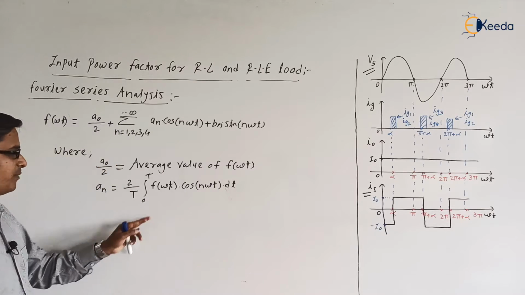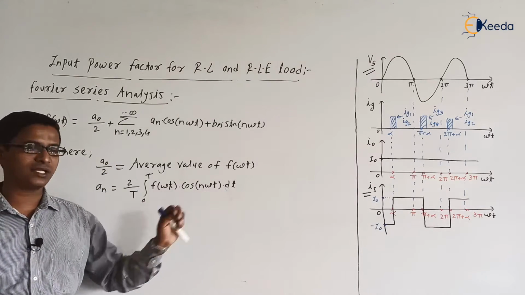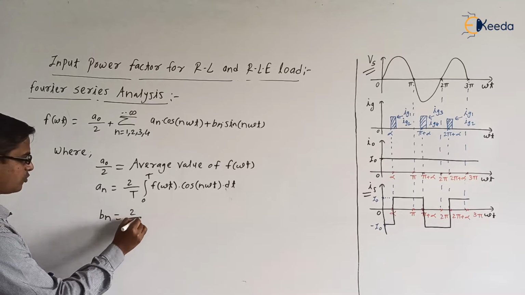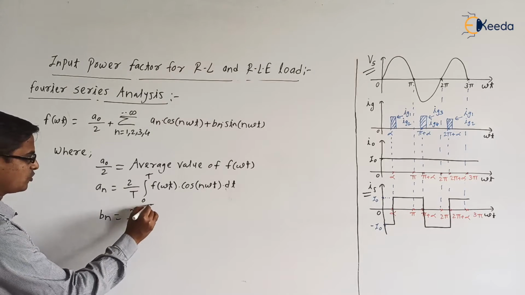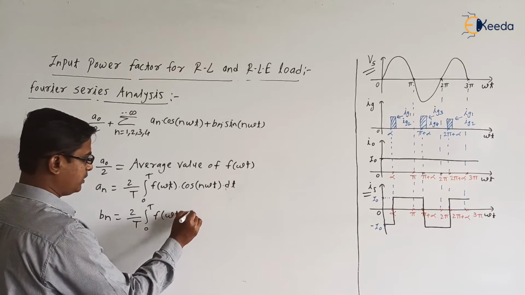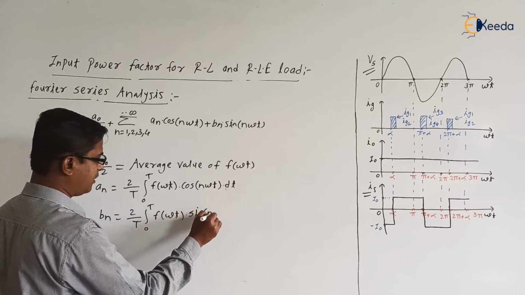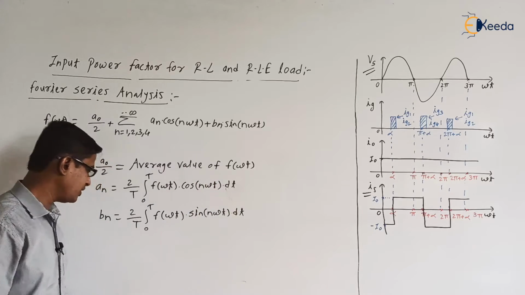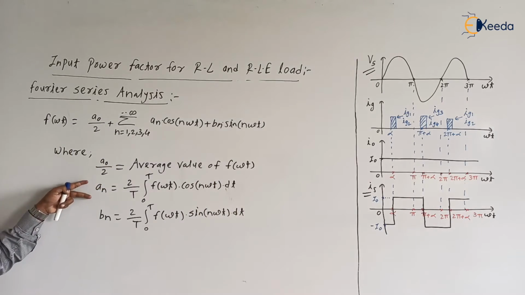Next, bn is equal to 2 by T integration from 0 to T of f of omega t into sine of n omega t into dt. In this way we can find a0 by 2, an and bn.